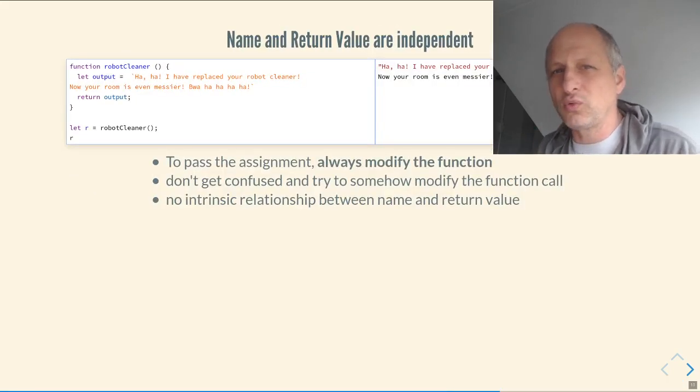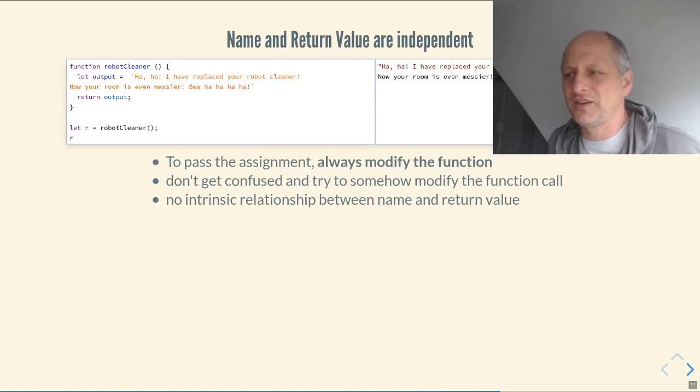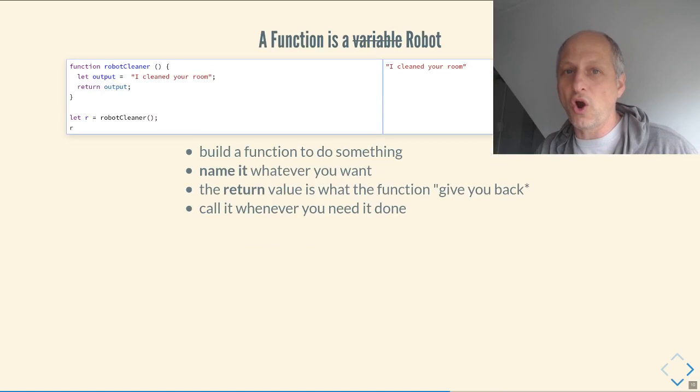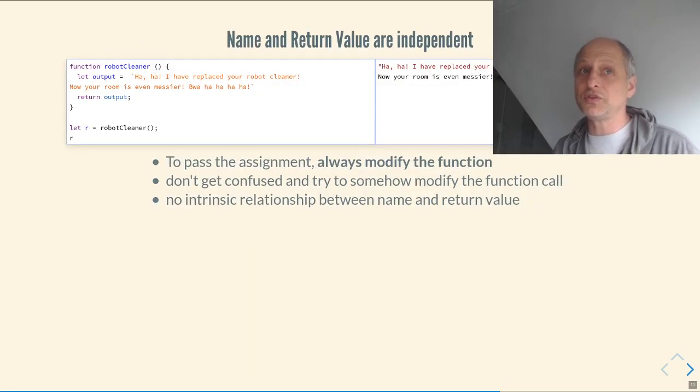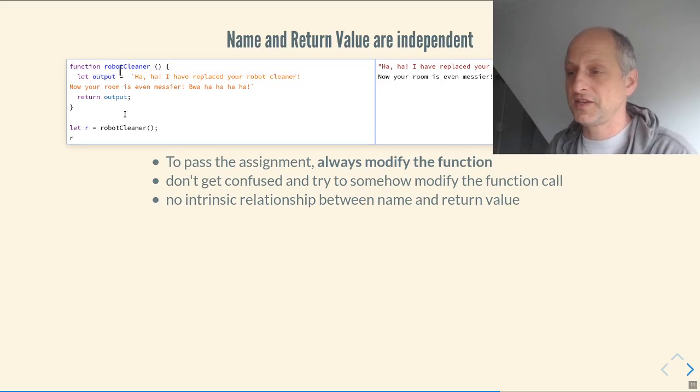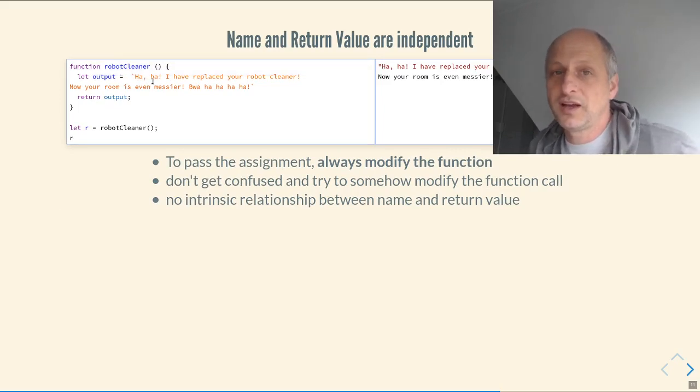Now, a really important thing to recognize is that the name and the return value are not the same thing. And this is confusing to people when they start. So we can have this function, robot cleaner. Its form is still the same. It's defined in the same way, but look what's happened.